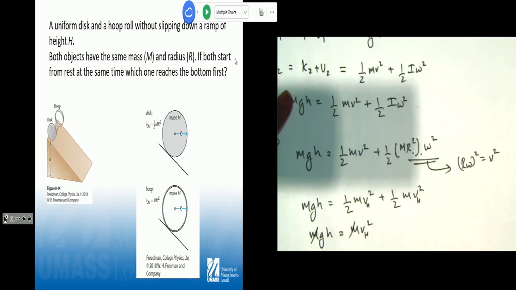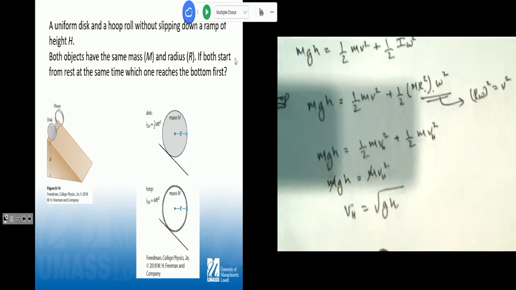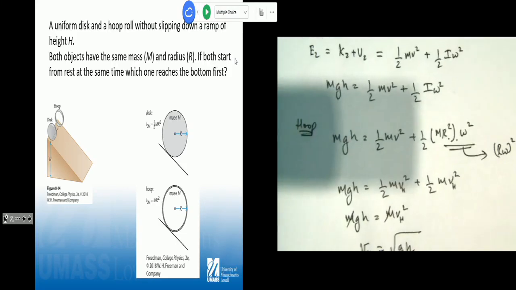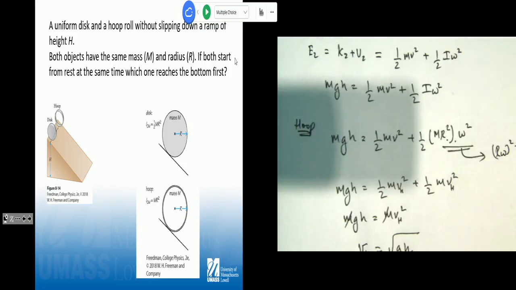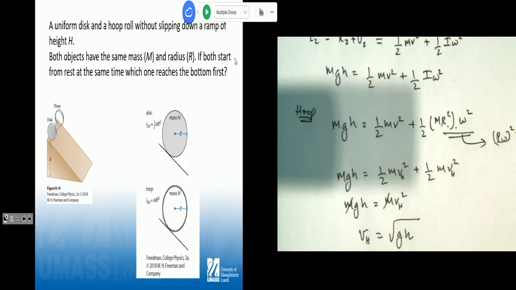M goes away, and we'll discuss that in a minute. But the speed with which the hoop reaches is under root gh. Everyone with me so far? It's just algebra. Okay? All we did was substitute the value for the moment of inertia of the hoop. And then we further substituted that since this object rolls without slipping, its translational speed is r omega.